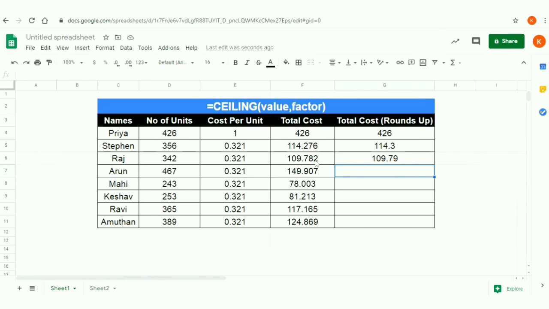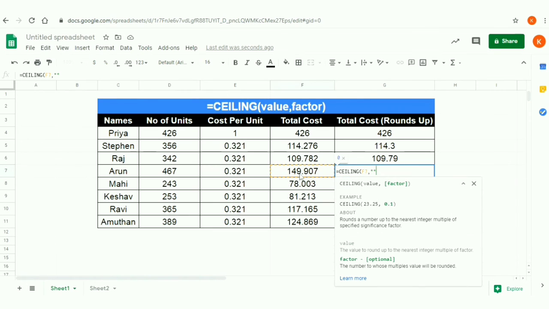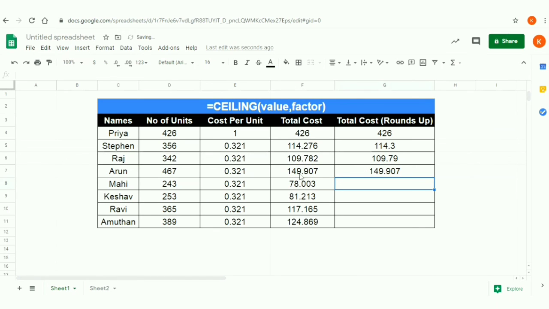That means the 2 got neglected, and instead of the 2, 79 got added. The same case for the third element as well, CEILING of 0.001. Here 3 decimal places are available and there is no 4th one available, so that is why the same value is returned.